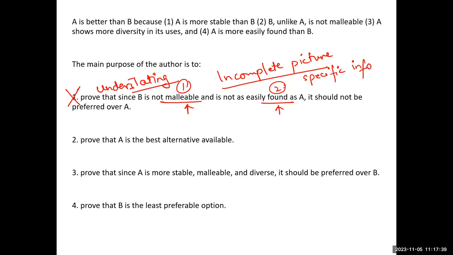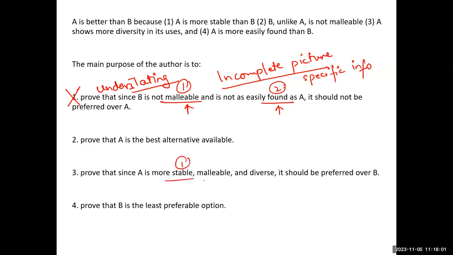If you look at option number 3, the main purpose is to prove that since A is more stable, malleable, and diverse, it should be preferred over B. Can I mark number 3 as the answer? Sir, again, the person hasn't given all of the above 4 points. Exactly.